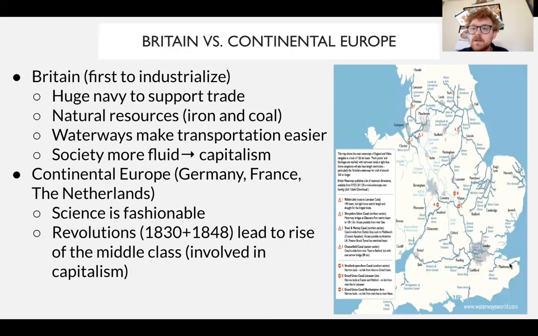So I said at the beginning that Great Britain is the first place to industrialize. And why is that? Well, it is going to industrialize first for 4 reasons. For one thing, Great Britain is the dominant colonial superpower. It has access to a lot of raw materials needed in production.